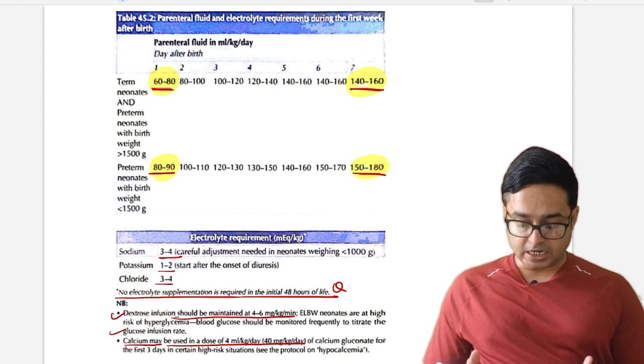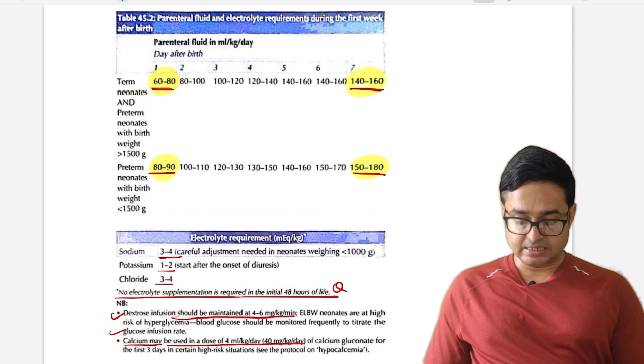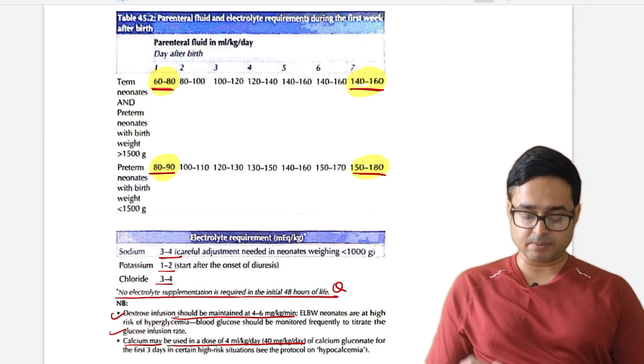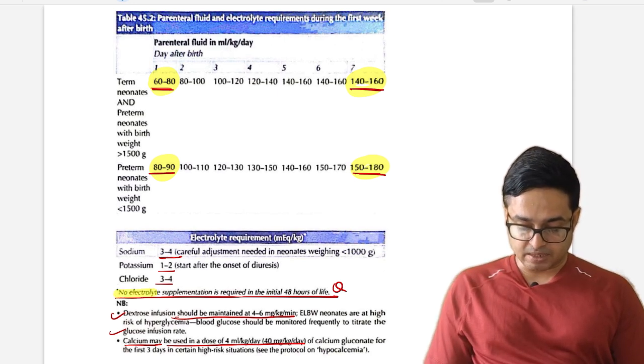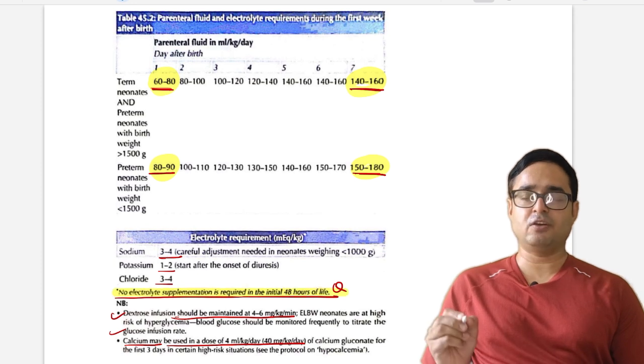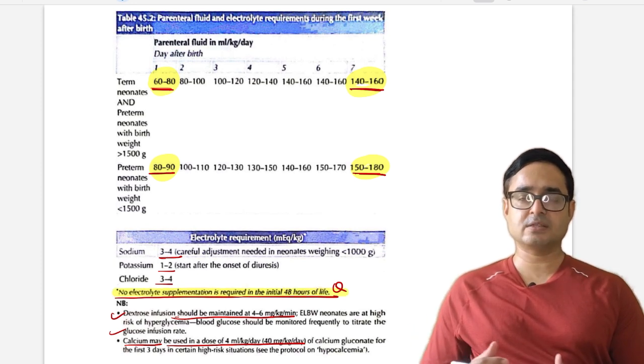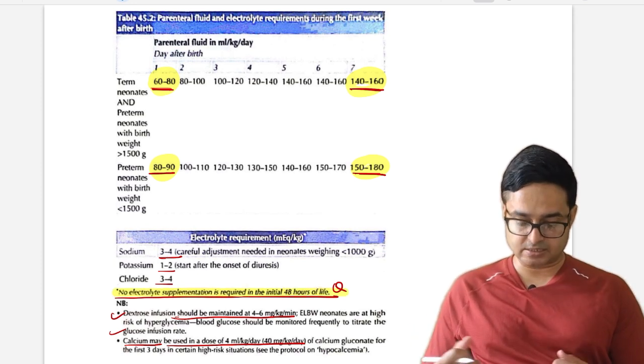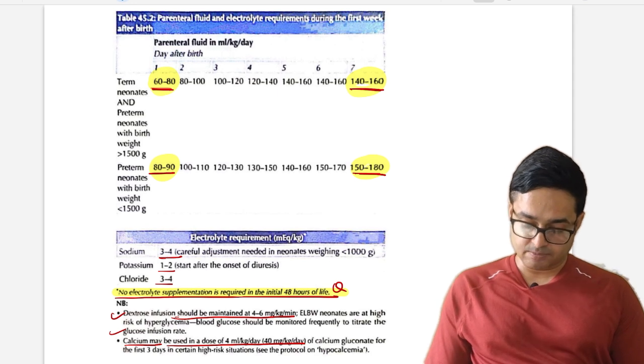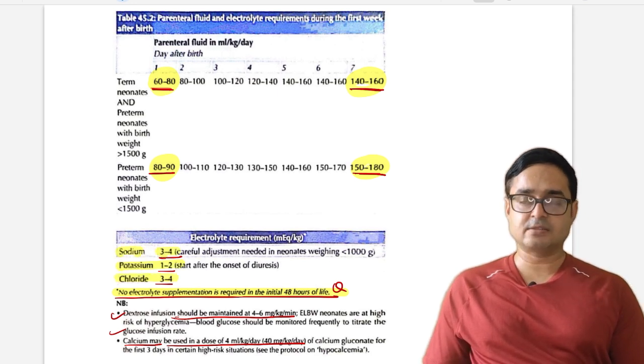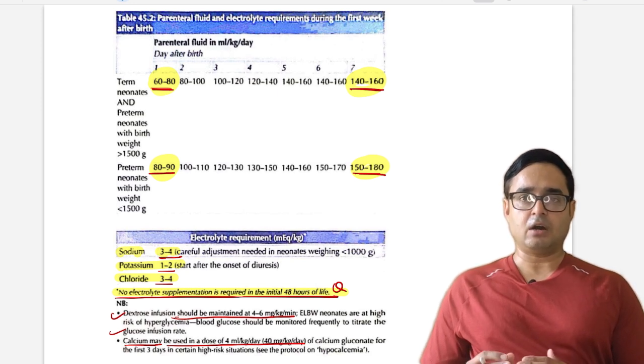Okay. Electrolyte requirement in this consideration, just remember, no electrolyte supplementation is required in initial 48 hours, because this is a phase of diuresis. After that, sodium requirement is 3 to 4, potassium 1 to 2, and chloride is 3 to 4. We have discussed in term and preterm about this requirement previously also.